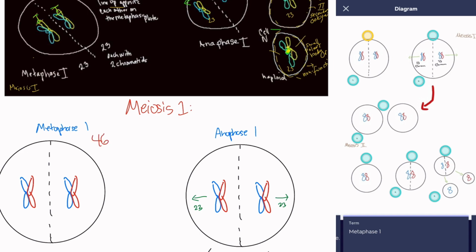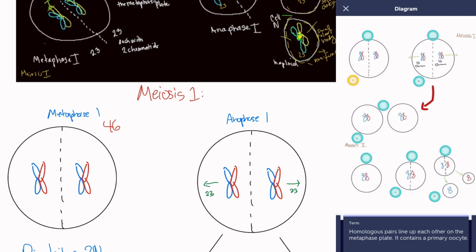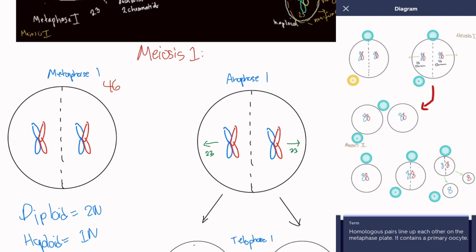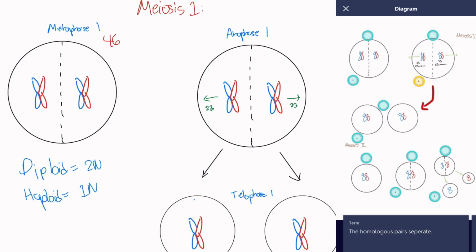In metaphase 1, what happens is the homologous pairs line up on the metaphase plate, and in this phase, it contains the primary oocyte. In anaphase 1, moving here, the homologous pairs separate. So they separate, and if you recall, this is one end, this is another end.